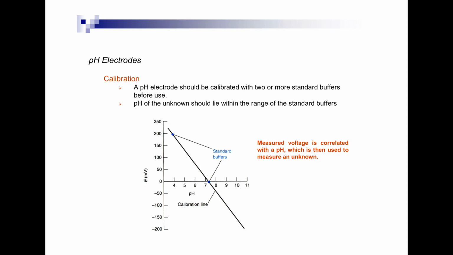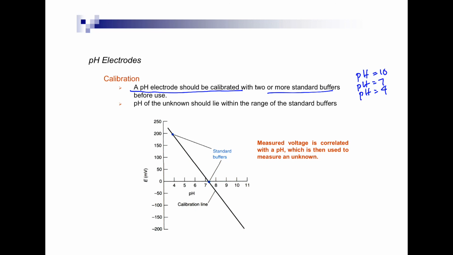Now, just like any time we calibrate something, we want to have a couple calibration points. So, more is better here. When we calibrate a pH electrode, we should calibrate it with at least 2 standard buffers. We usually use a high pH buffer around 10 and a low pH buffer around 4. A lot of times we actually do one in between, something like a 7.